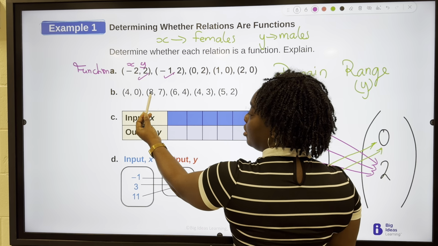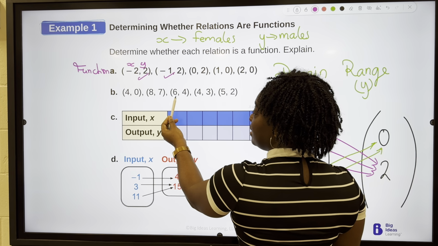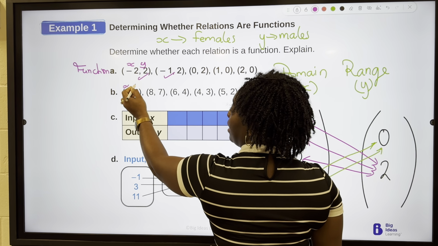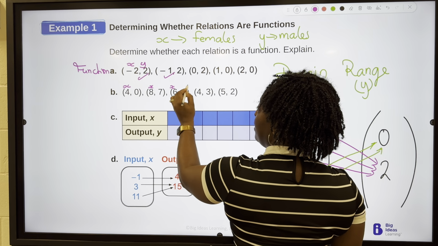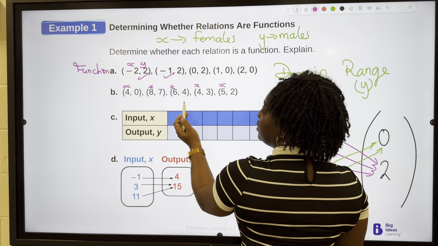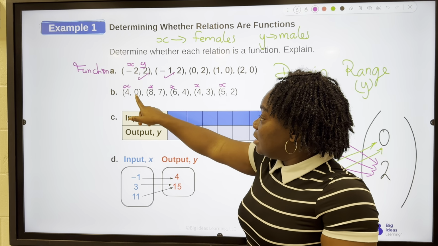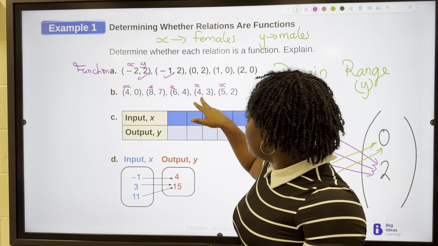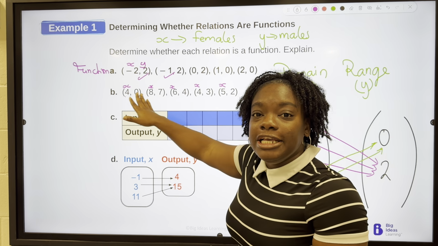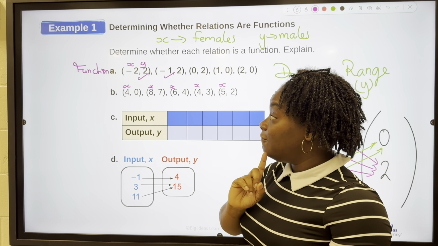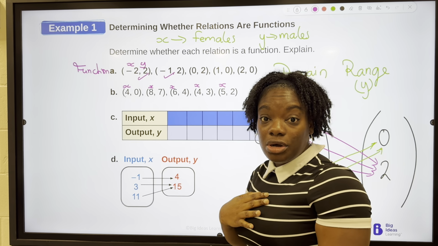All right, so let's go. 4, 8, 6. Let me write them so that you can see them. 6, 4, 5. What do you notice? The x, the female 4, is repeated, so it means that 4 would have had more than one husband.